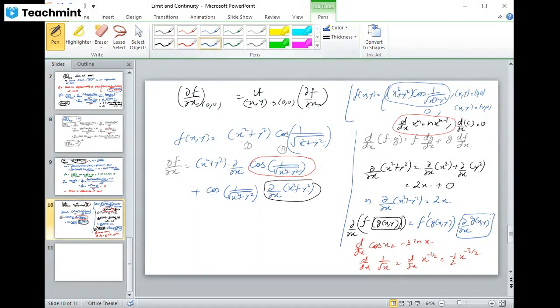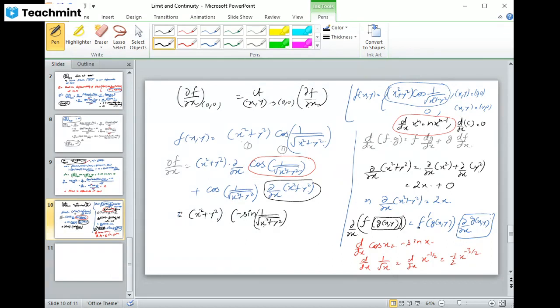So what do we get? Now using chain rule, the derivative of cos is minus sine of 1 upon square root of x square plus y square. So we are using the chain rule.